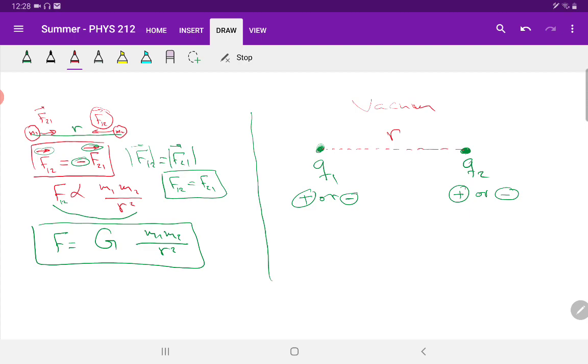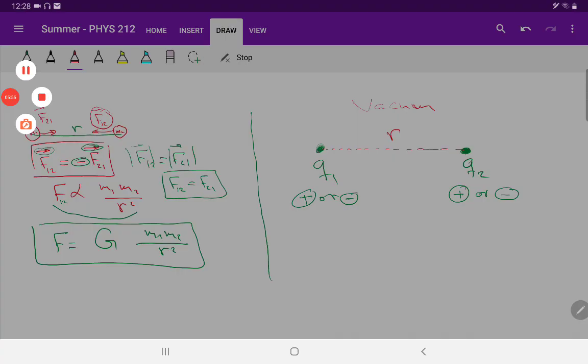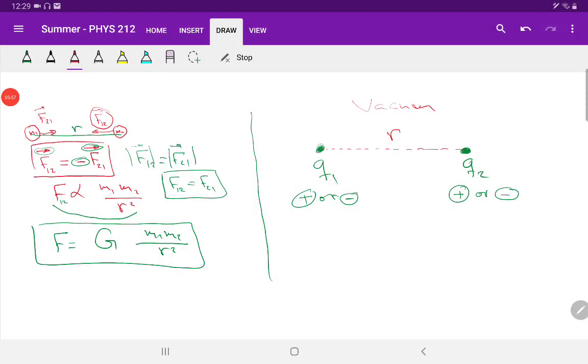Okay, so in this case, if we are trying to do the same thing with this force, how can we describe it, and what are the factors that control this force? Now we know that when we have two charges, they will interact with each other, and this interaction could be attractive or repulsive.